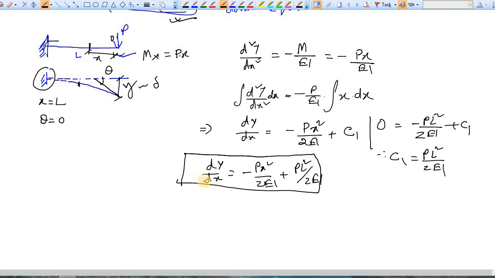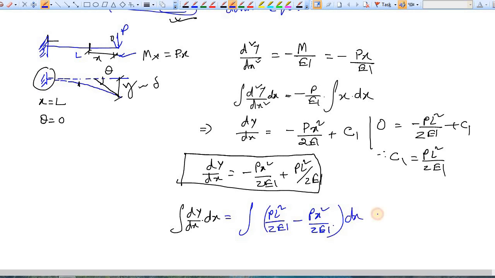Now if we again integrate this with respect to x, dy/dx is equal to the integration of PL square by 2EI minus Px square by 2EI.